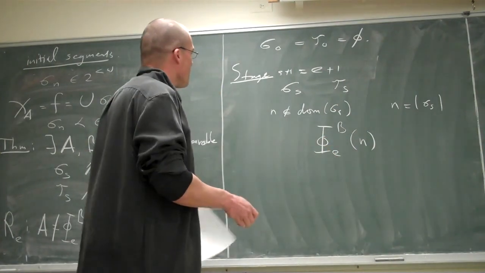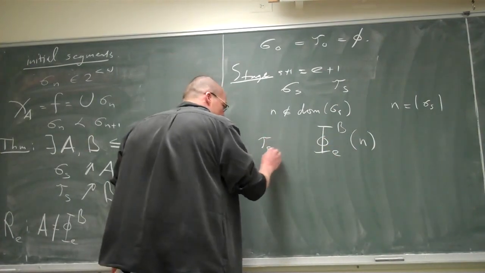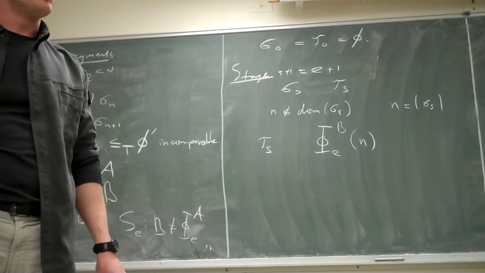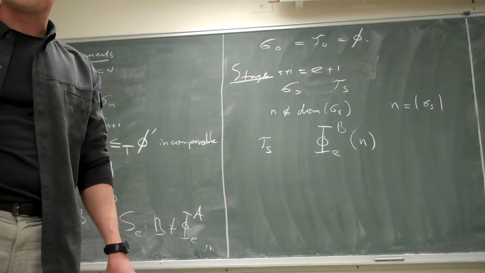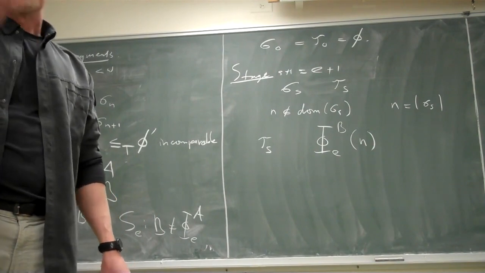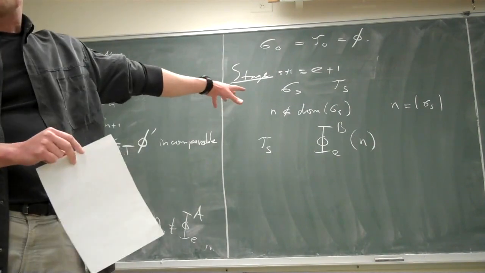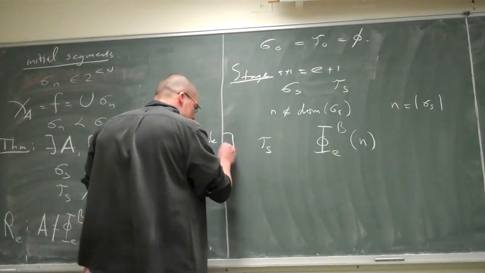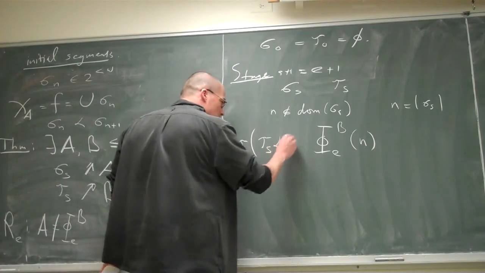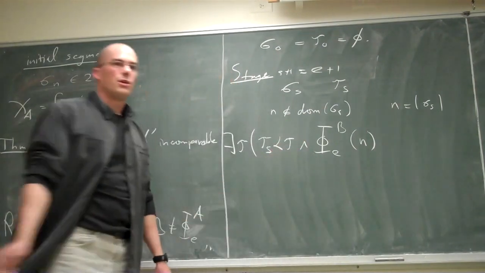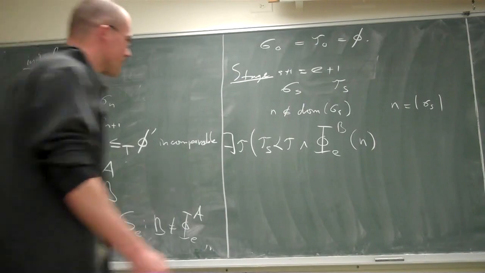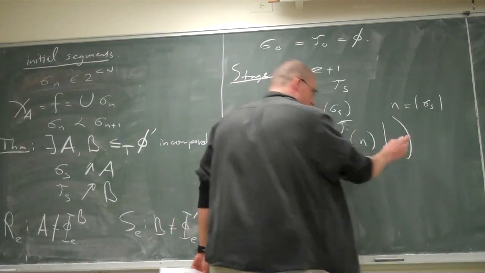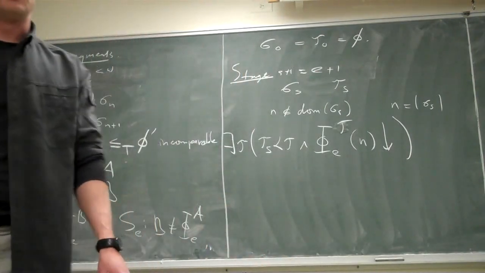But what you do have is that tau_s is going to be an initial segment of B. So what are we looking for? We're looking for a way to determine B so that this computation converges. So what we're looking for is, does there exist a tau which is an extension of our current approximation tau_s, such that from tau this converges.